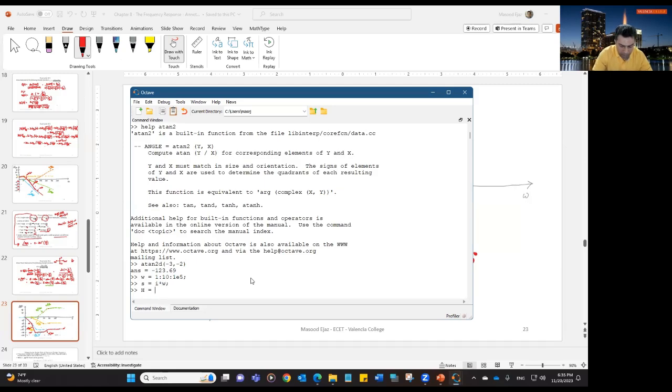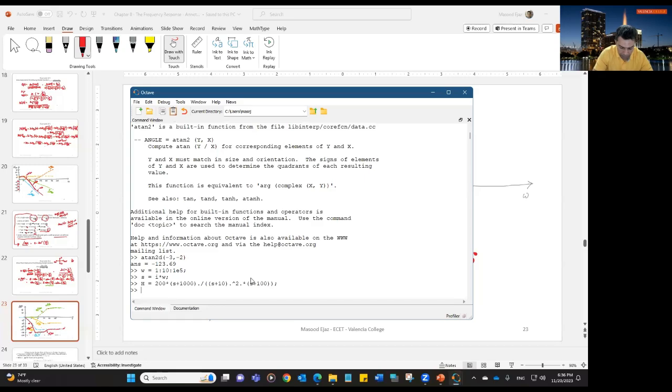And H is equal to 200 times (S plus 1000) divided by (S plus 10) squared times (S plus 100). That's my transfer function. Of course, I took S is equal to j omega.